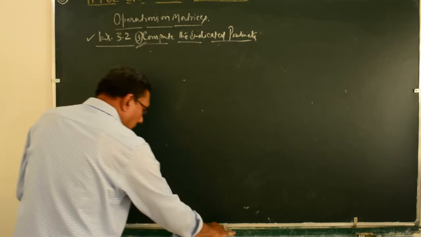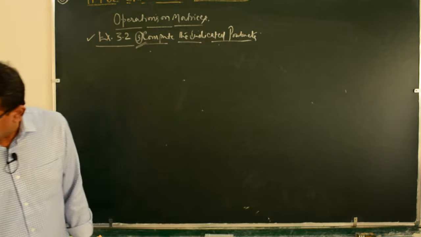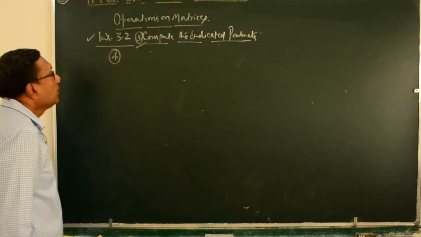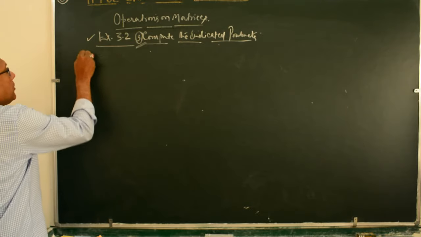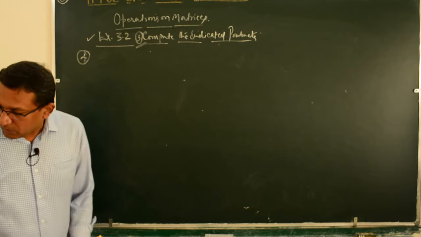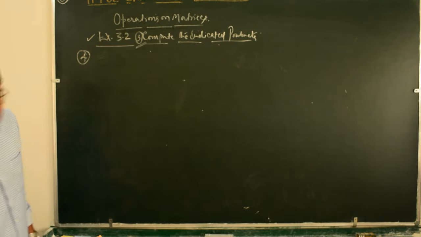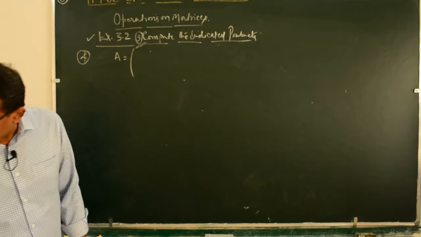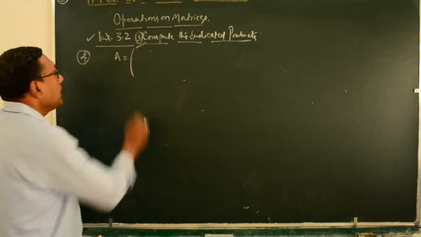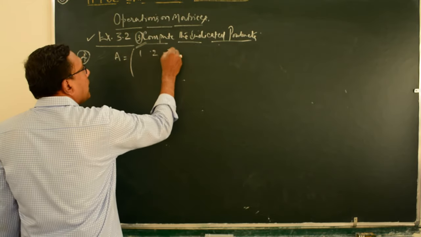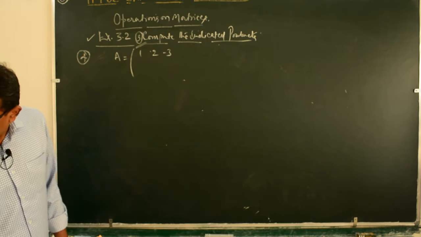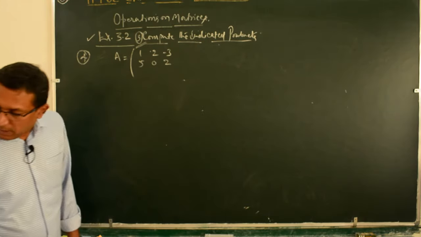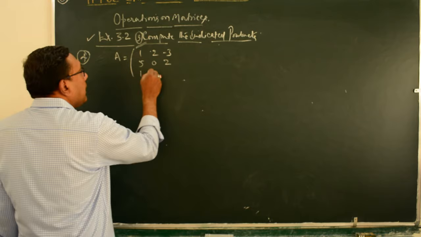Let's go to the main question again, number 4. Maybe I will start from here. We are given 3 matrices. A is equal to 1, 2, minus 3, 5, 0, 2 and minus 1, minus 1, 1.